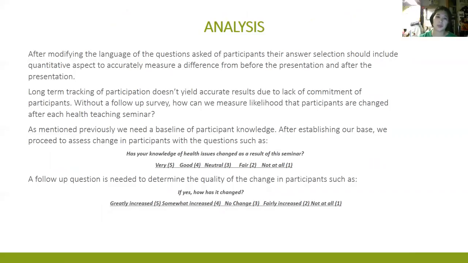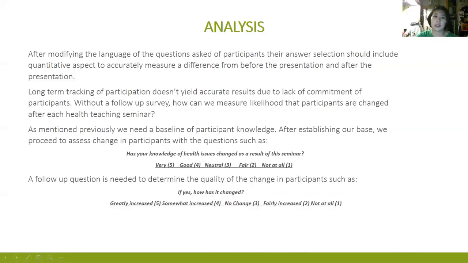So timing is also pretty crucial. When we do these presentations, we usually hand the survey out at the end of the presentation, but in reality, we should have almost like a pre-assessment to see where they're at, and then hand them the second assessment to see what's changed.